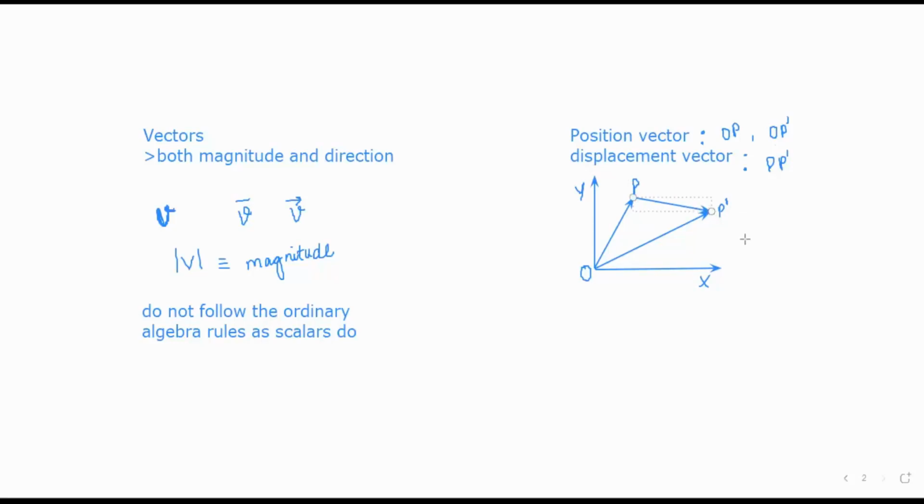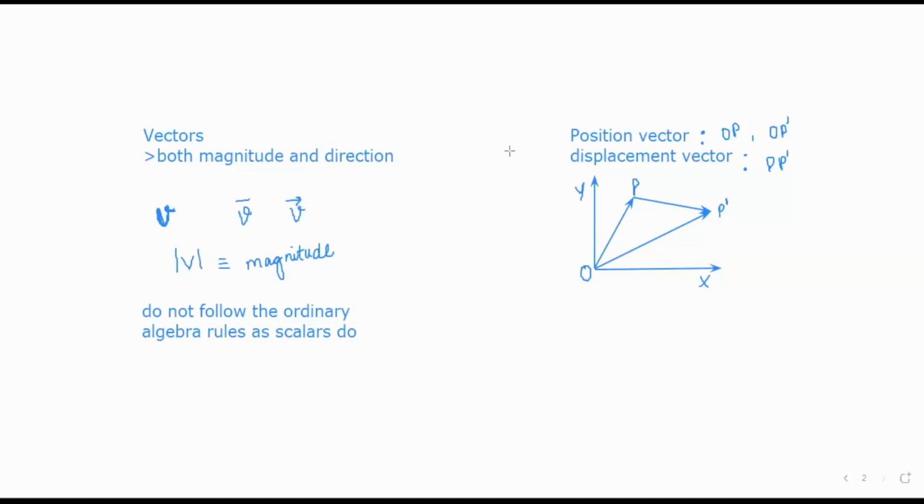One important thing to note is that displacement vector is always a straight line joining the initial and the final position, and so it does not depend upon the actual path taken by the object.